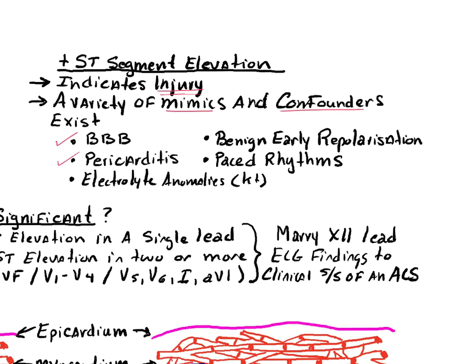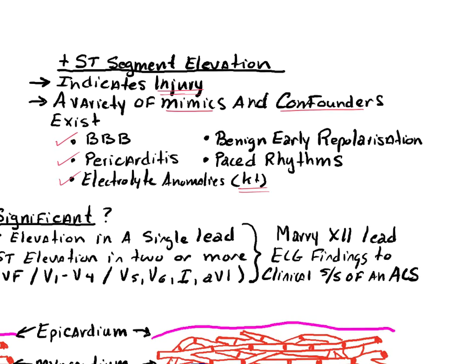Pericarditis, inflammation or infection of the pericardial sac, can mimic a STEMI or ST elevation. Electrolyte anomalies, specifically potassium. Potassium imbalances can really wreak havoc with the ST segment, with our T waves, with our QRS complexes.